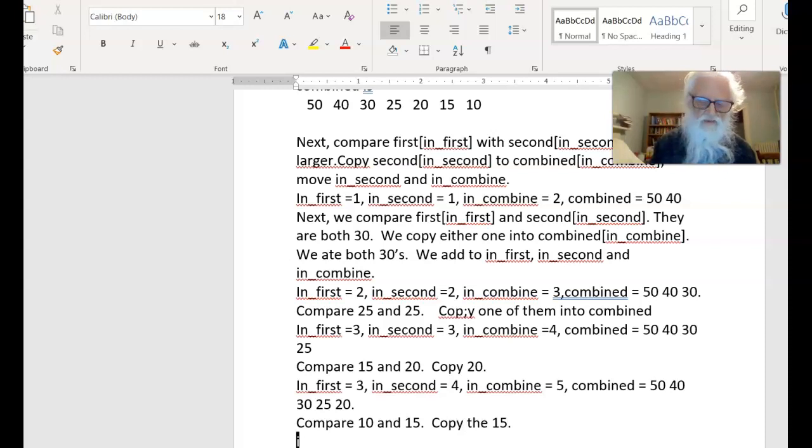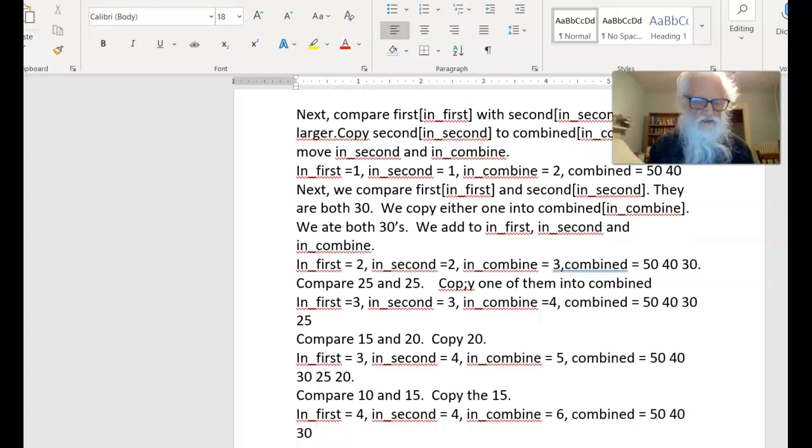What do we have? In first equals 4. In second equals, didn't move. In combine equals 6. And the combined equals the 50, the 40, the 30, the 25, the 20, and the 15.